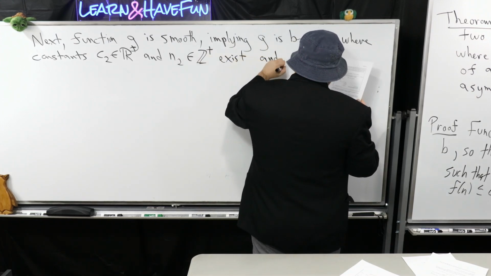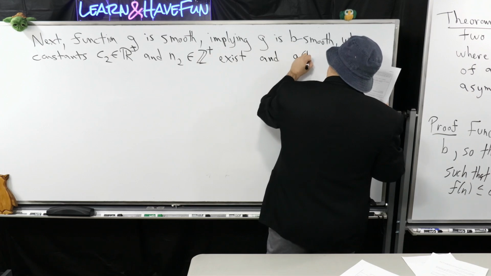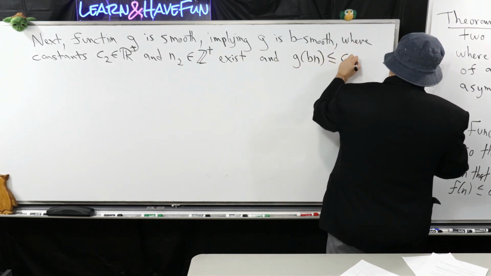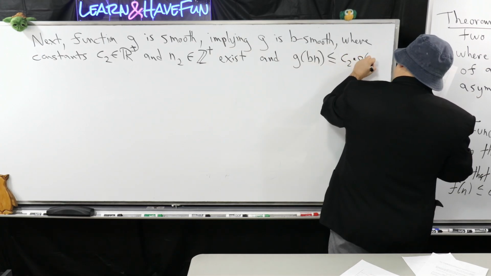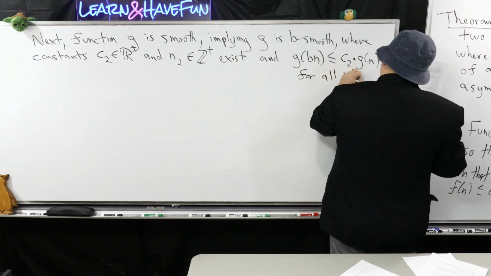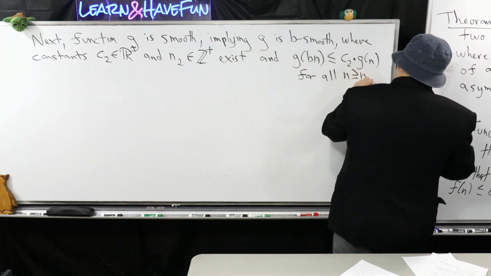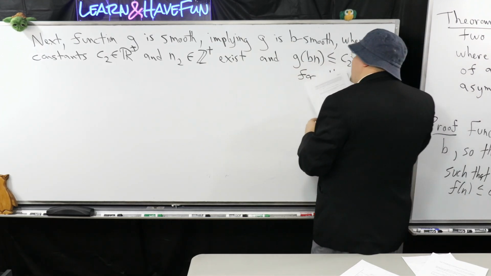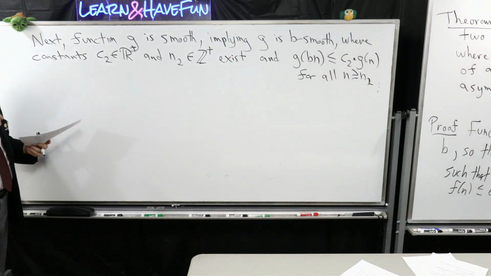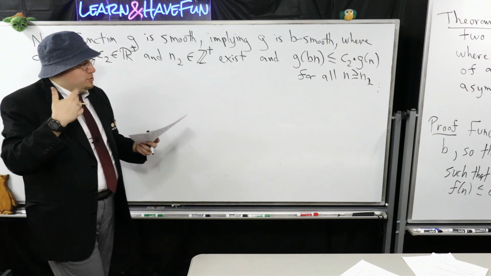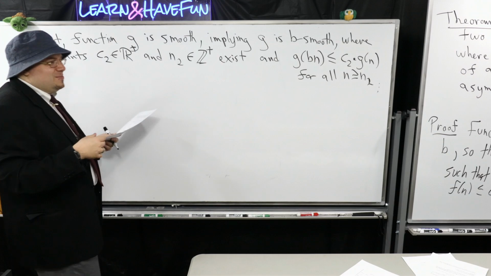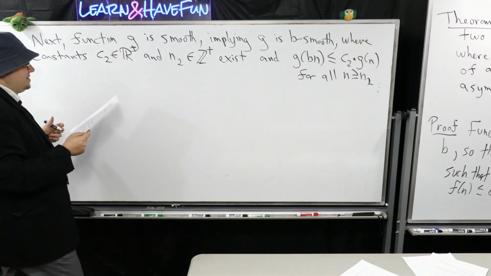And it has to be that g of bn is less than or equal to C2 times g of n for all n greater or equal to N2. Remember, this is part of the definition of b-smooth, right? You might recognize this: when we had smooth, it was just 2 times n. Now it's just bn. Do you see why we might need this b, okay? So this is one of the reasons.